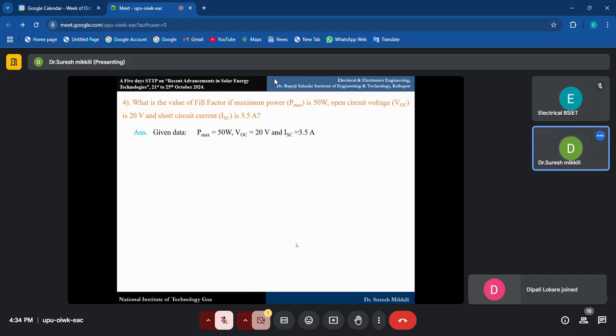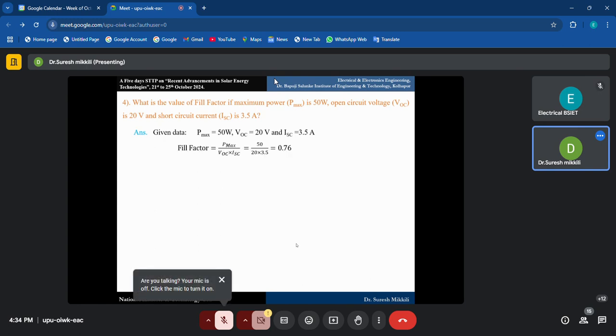That means we are going to calculate what percentage of the module is filled. P max by VOC into ISC. How much are you getting?